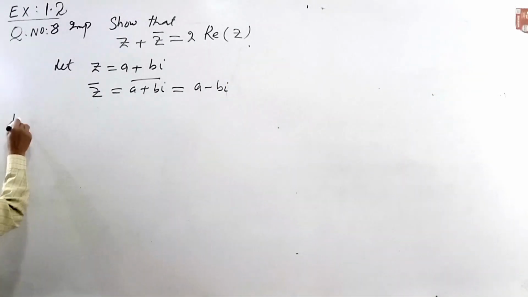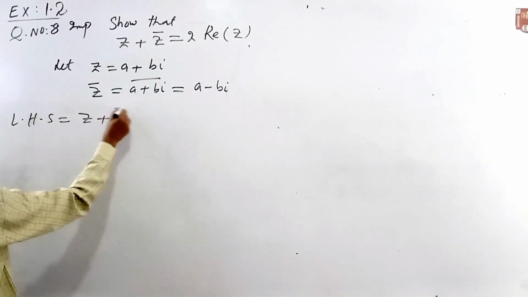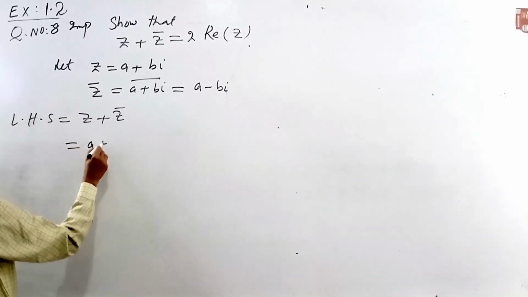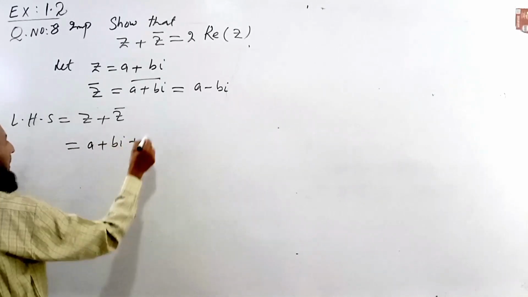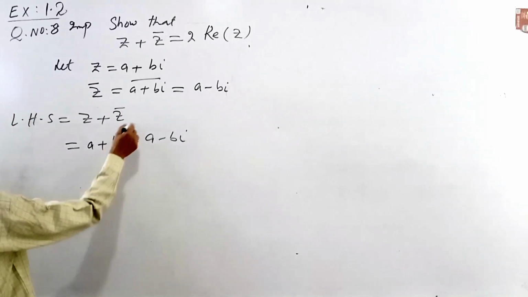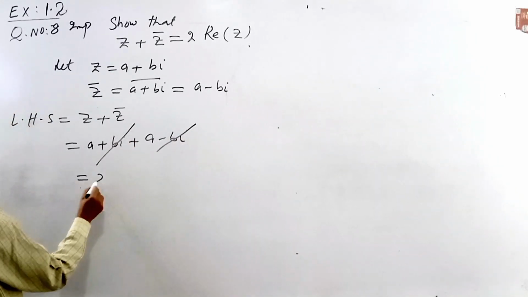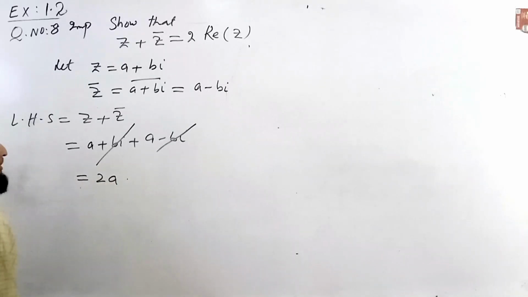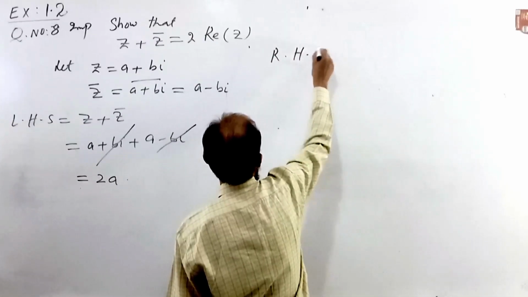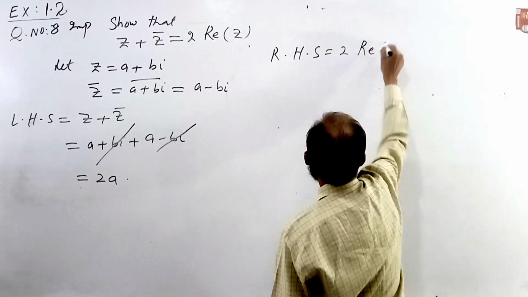Now we take the left hand side, which is z plus z conjugate. We replace the value of z: a plus bi plus a minus bi. Look here, here is positive bi and here is negative, so we get 2a. Now we take the right hand side, which is 2 times the real part of z.